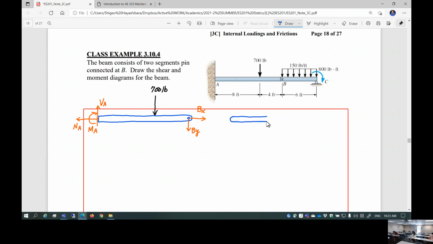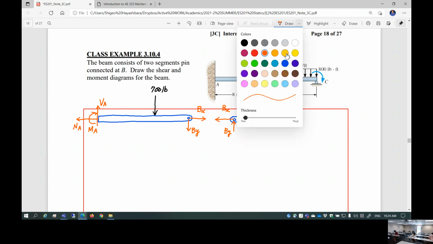Once again, I disassemble this member at pin B. As I do that, I'm going to introduce unknown reactions. This is Bx. Now keep that in mind, equal and opposite. That means if you assemble at the pin B, those two forces cancel each other. This is By. Once again, equal and opposite. So if you assemble at the pin B, those four forces all cancel each other. So effectively speaking, this is not four unknowns. It's only two unknowns.